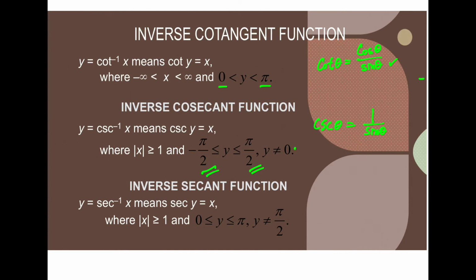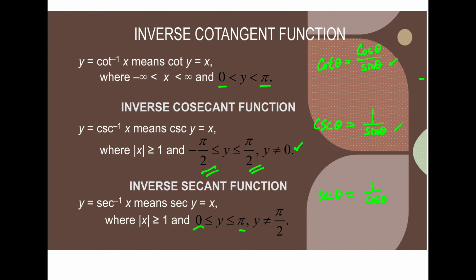And so remember, at 0, we have a problem because the sine at 0 is 0, so we can't have that. And the secant is related to the cosine function, and so we have its restrictions the same as we do for cosine. So for the cosecant, our restrictions are the same as sine. For the secant, our restrictions are the same as cosine.